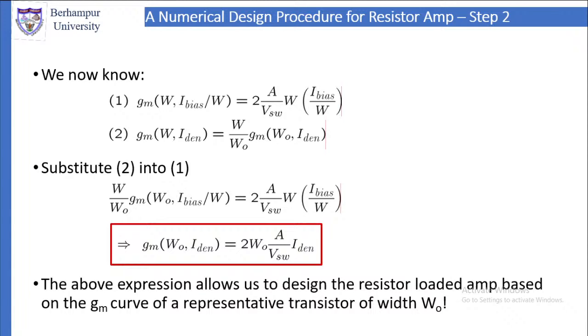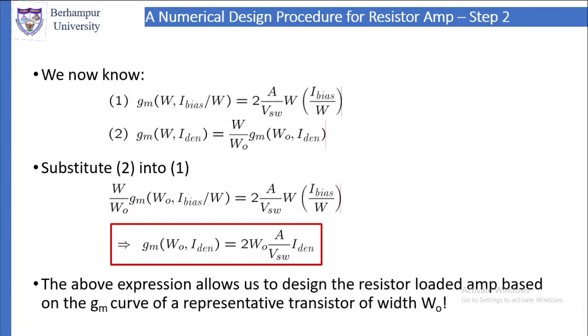Now, in the first equation, substitute the second equation for gm. If we substitute that, we get W by W0 times gm as a function of W0 and I bias by W equal to 2 times A by VSW into W into I bias by W. From both the left side and right side, W can be cancelled out easily.